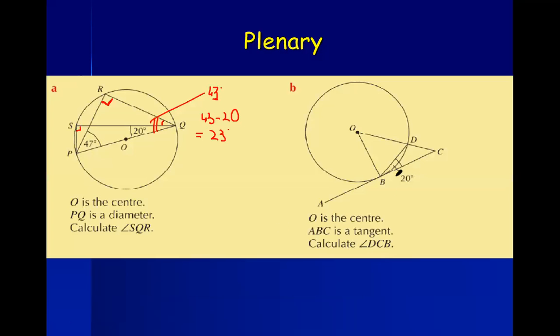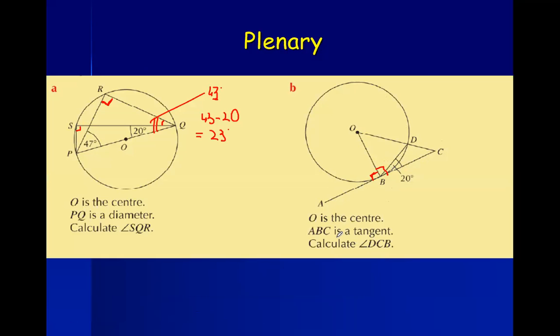Now, for this one, I don't have angle in a semicircle, but I've got a tangent there. Yeah? So that means this is 90. But this is 90 as well, right up to the tangent line.